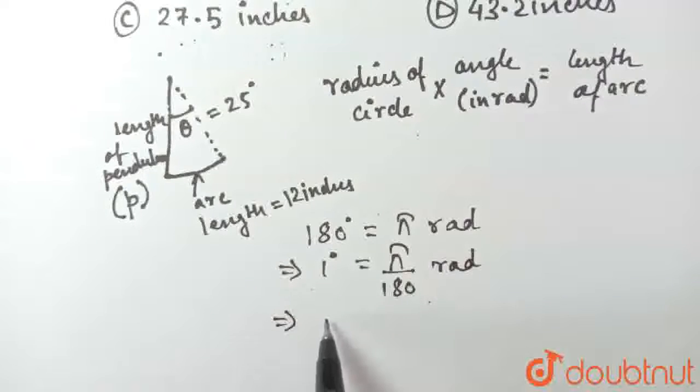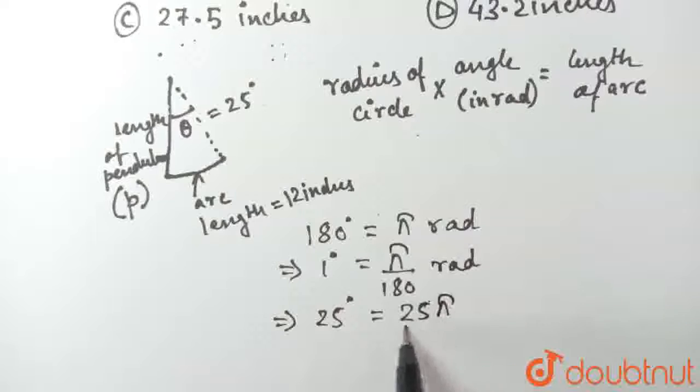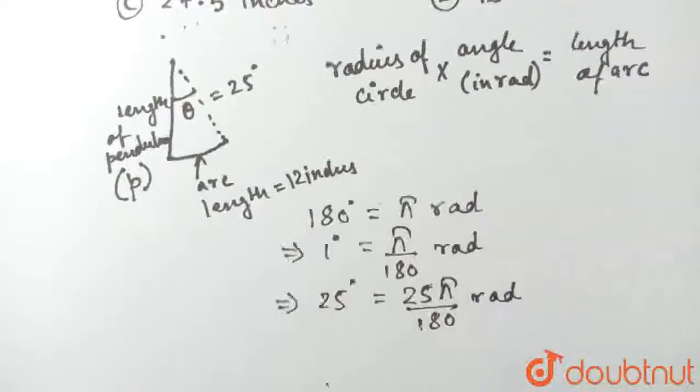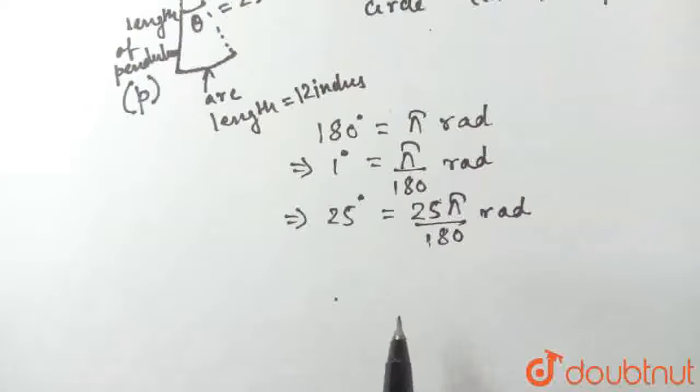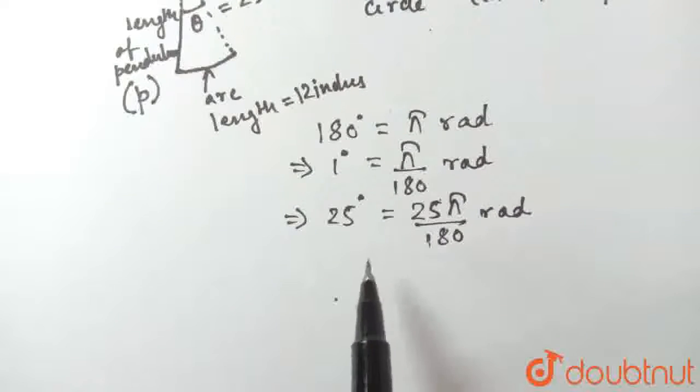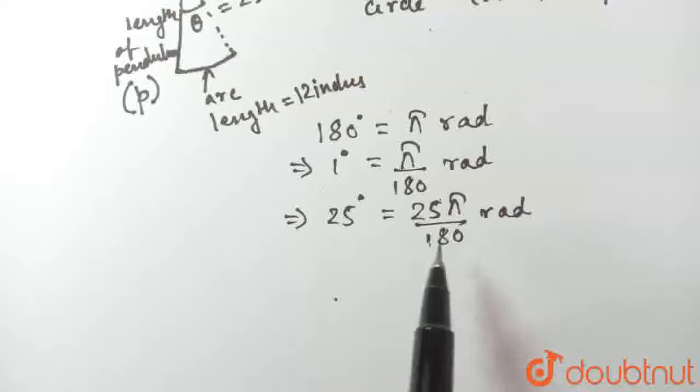So 25 degrees equals 25 pi by 180 radians. So now we have found out the 25 degrees in radian value, 25 pi by 180.